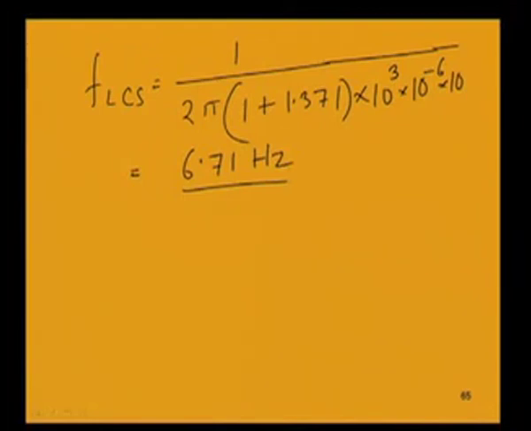After finding out that Rin, we found the effective resistance because it is simply the series resistance of Rin and Rs. So this effective resistance due to the Cs only has been obtained, which is equal to 1 plus 1.371 kilo ohm, and then it gives you the value of the lower cutoff frequency.